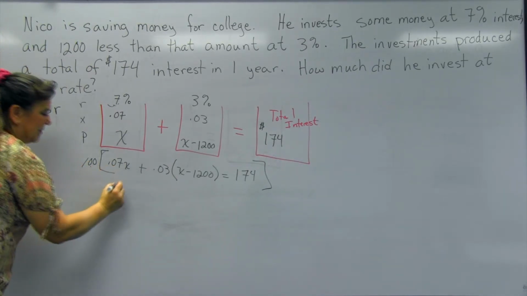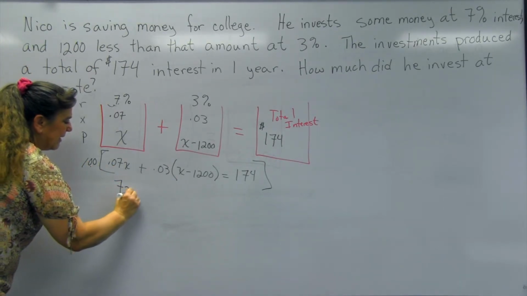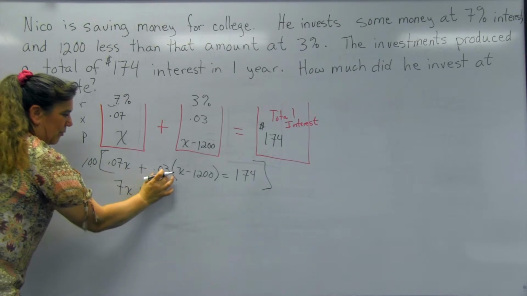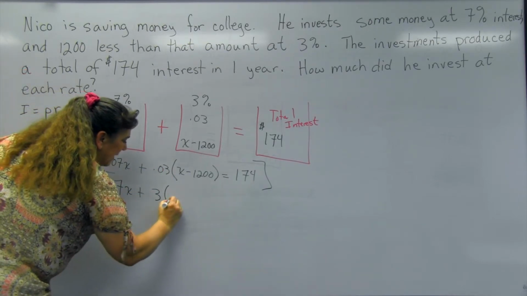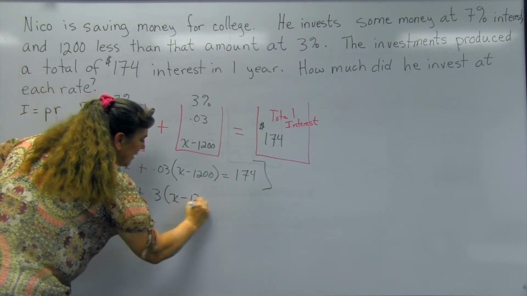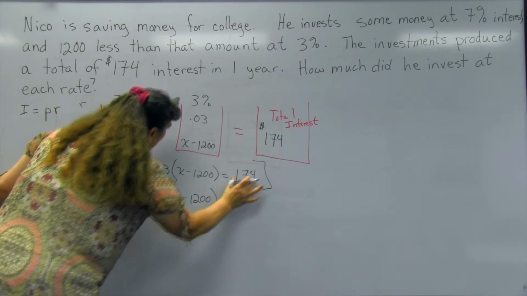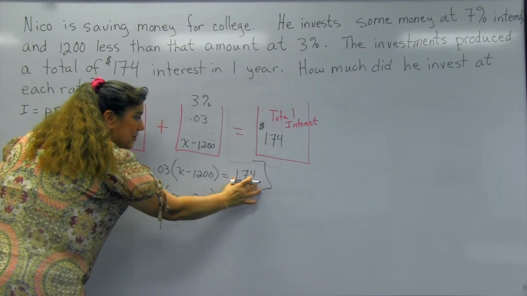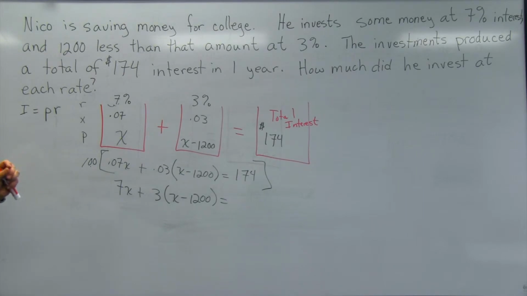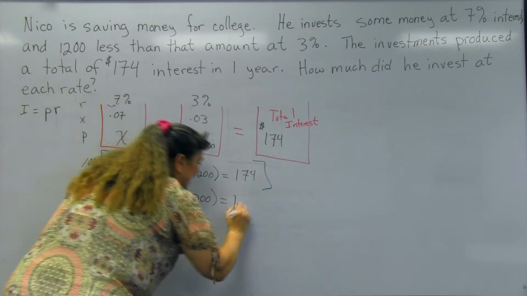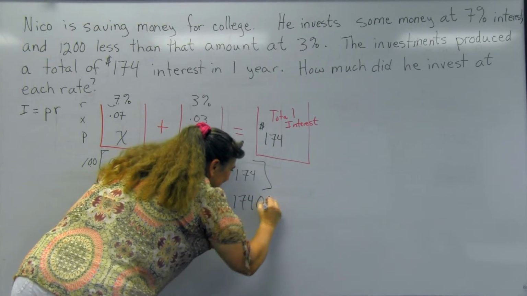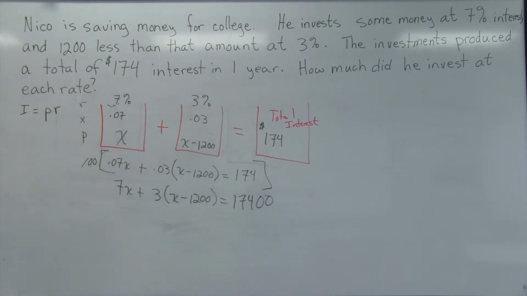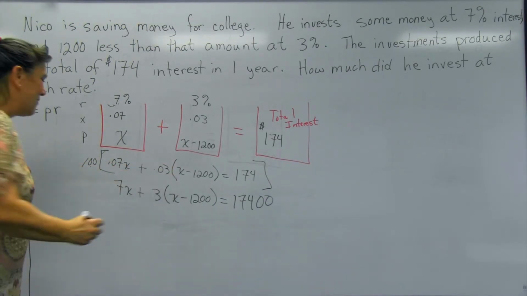So 100 times this turns it into 7x, plus 100 times the 0.03 is 3 times x minus 1,200. And then, don't forget, you got to multiply 100 here too. Remember, anything times 100, you just write it down and add those 2 zeros. It's an easy way to do it. 2 more zeros. Guess what? We got rid of those decimals. That's awesome. Now we're going to distribute and go from there.